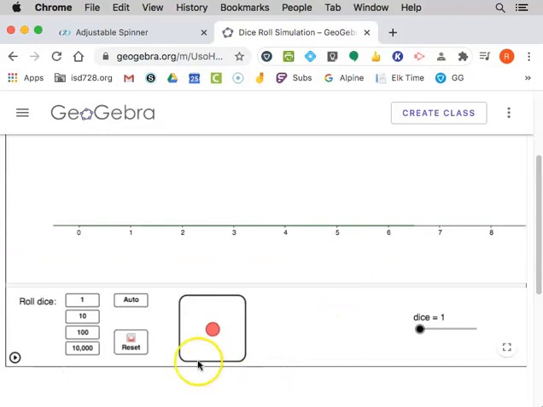So if we're rolling 1 die, we're going to go 12 times. I just made it roll 10 times. And then I'll go 11 and 12. So there's my results from 12 rolls. I got 4 1s, 3 2s, 1 3, 1 4, and 3 5s.